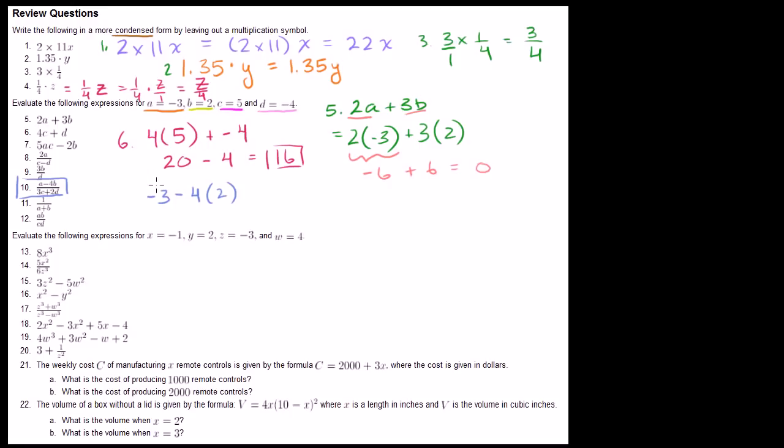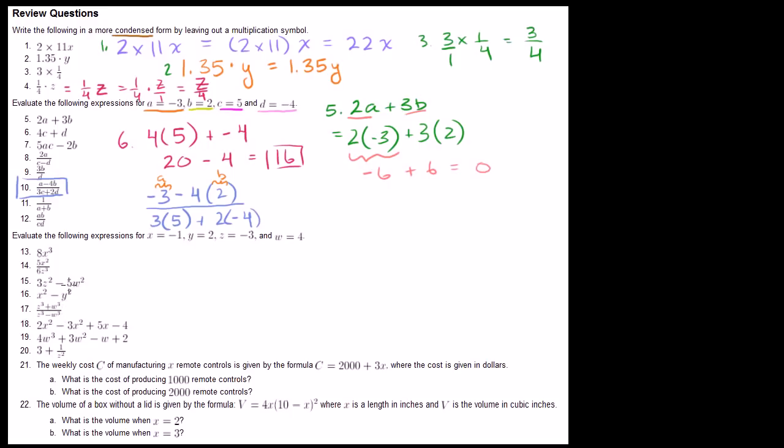Remember, this right here is A and that right there is B. How do I know? They're telling me up here. And then all of that is over 3c plus 2d. So 3 times, what was c? C is 5, plus 2 times d. What is d? D is negative 4.